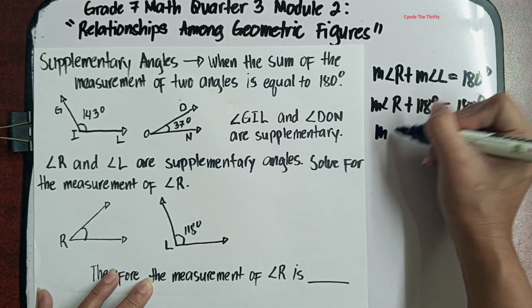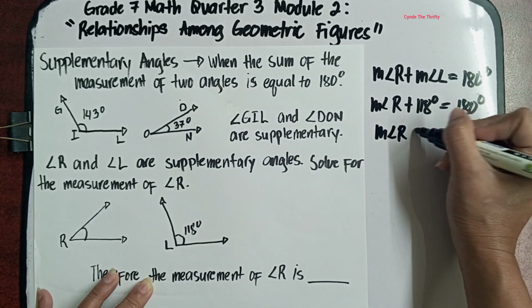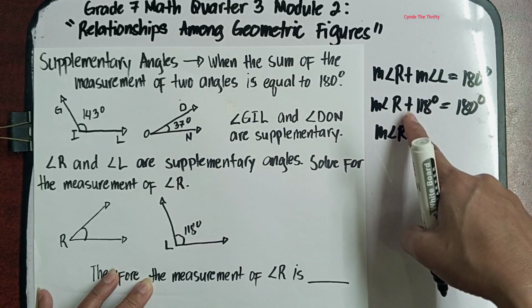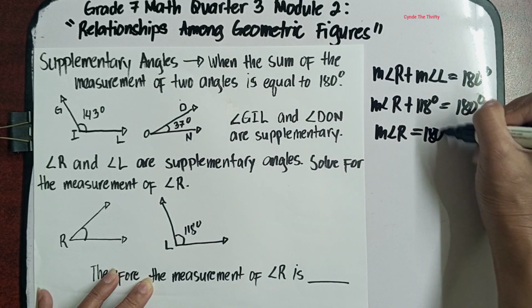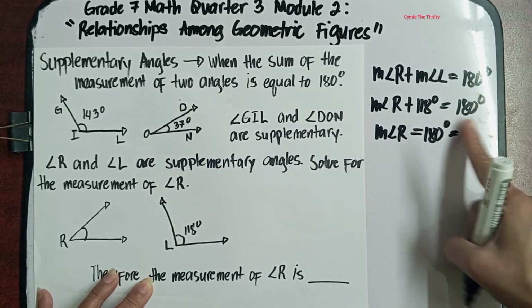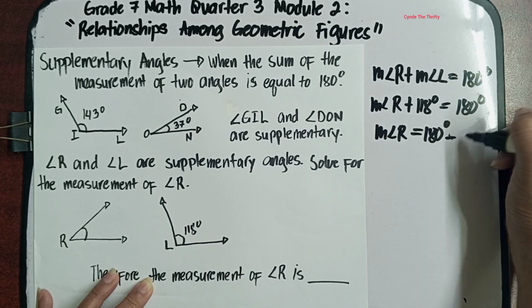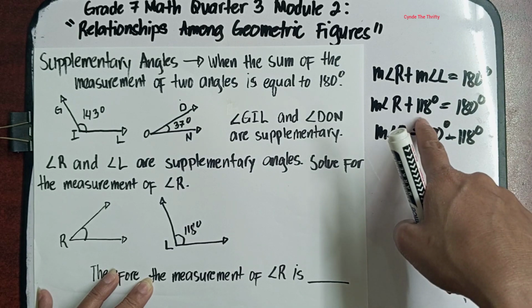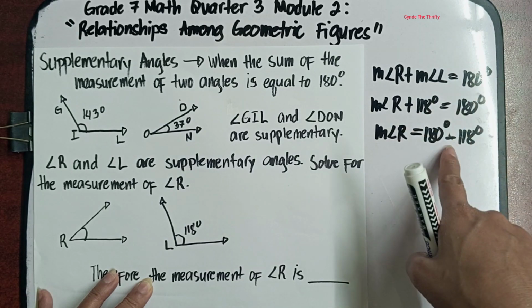So, measurement of angle R is equal to, ilipat natin si 118 dito sa right side, so magiging negative siya. 118 degree is minus 118. Nilipat natin si 118 sa right side, so naging negative siya.